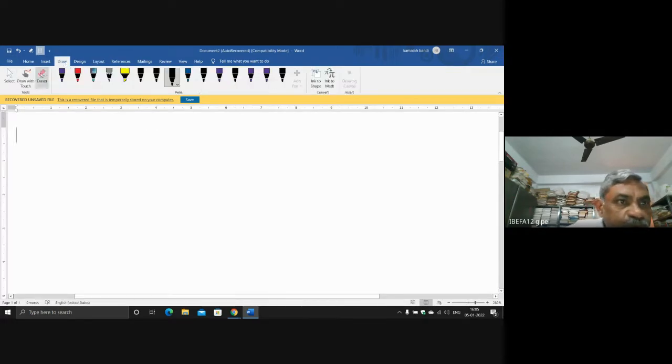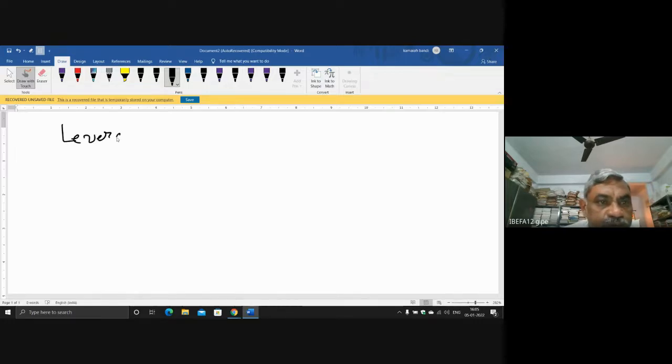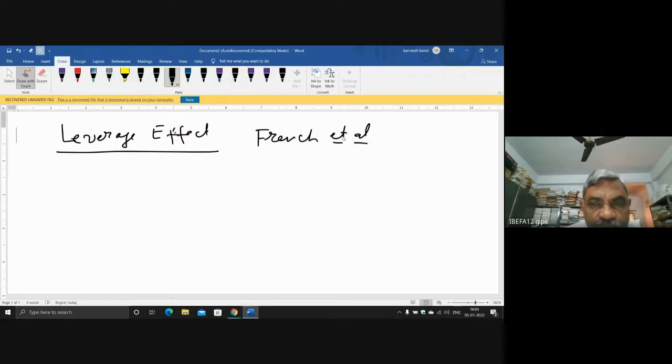Let me introduce a few more models very quickly. So for leverage effect, the conditional variance, actually this is proposed by French et al., the same French, in 1987.